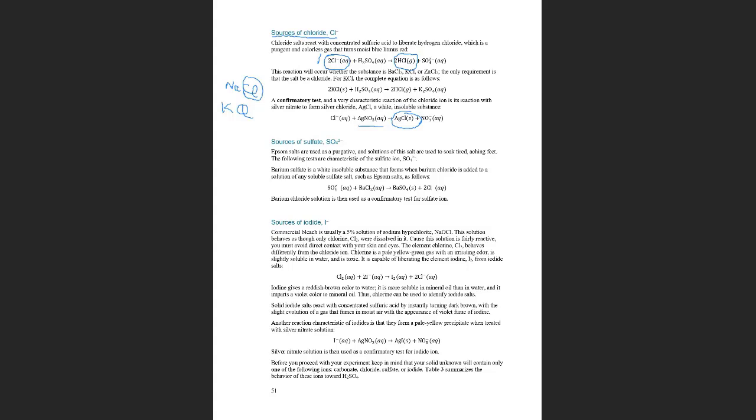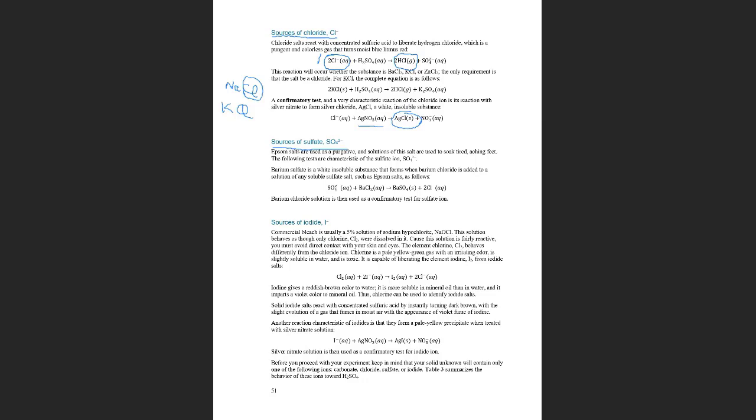Okay, the next ion that you will need to learn, there are a bunch of reactions here, is how to test for sulfate. Basically, if you add sulfuric acid, you're not going to observe much. So you add, let's say, sulfuric acid, nothing happens. I said, oh, maybe I have sulfate.